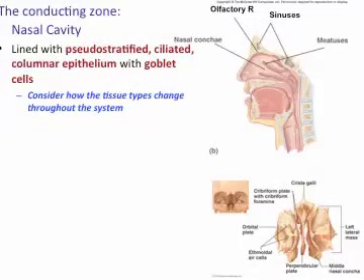Now let's talk about the histology of the upper portion of the conducting zone. It's lined with pseudostratified ciliated columnar epithelium with goblet cells. If you remember, pseudostratified just means the cell type looks like it's more than one layer, but it's not. Ciliated just means it has little cilia on the cells.